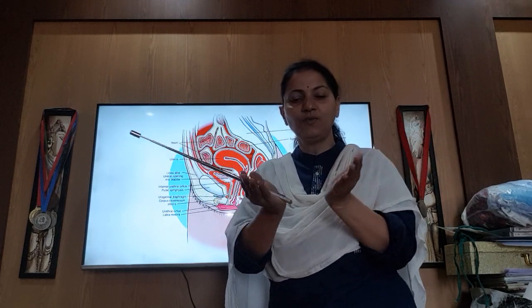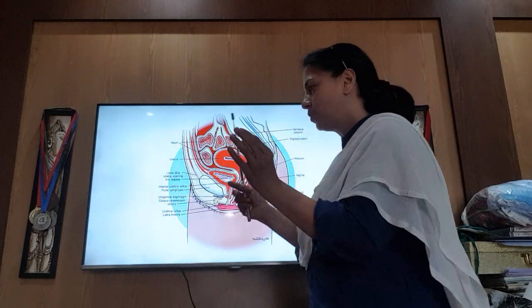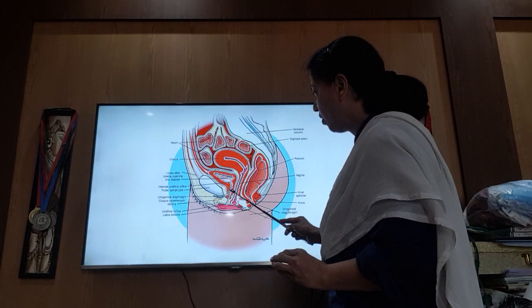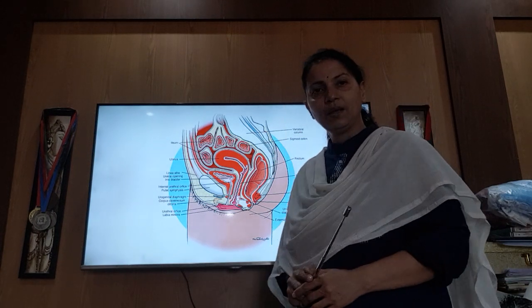So these are the surfaces, right and left latero-inferior surfaces. All finally converge here to the neck of bladder. So this was the shape, the boundaries and surfaces of bladder.